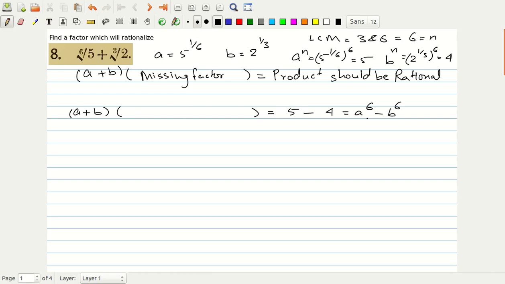So you have to simply divide a to the power 6 by a plus b, and it is easy to see that it is going to be a to the power 5. So you have got a to the power 6 plus b a to the power 5, and we have to cancel b a to the power 5. So we can put a minus sign here, and we can multiply a to the power 4 times b.